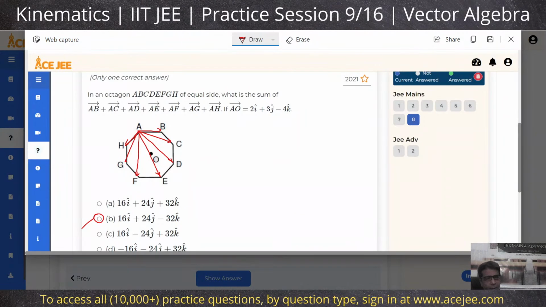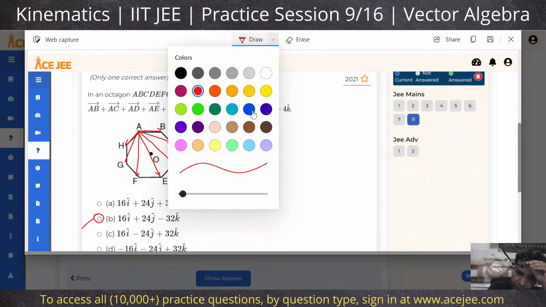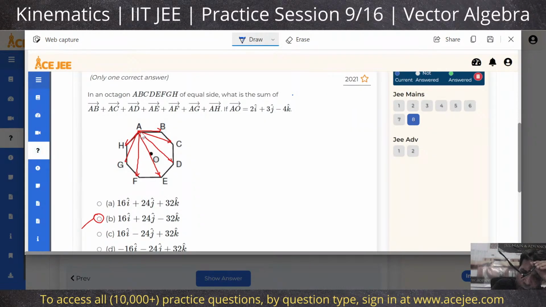Okay, so let me explain something here. There are different ways to approach it, but look at this one. AB plus AF is equal to AE. Now you might argue, sir, how did you conclude that BE is equal to AF?